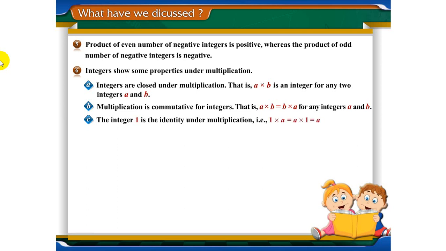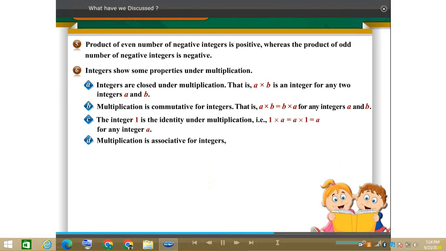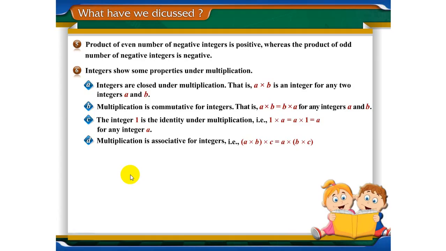That is, 1 multiplied by A is equal to A multiplied by 1, which equals A for any integer A. (d) Multiplication is associative for integers. That is, (A multiplied by B) multiplied by C equals A multiplied by (B multiplied by C) for any three integers A, B, and C.